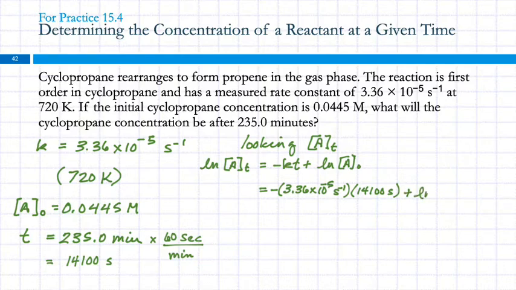Plus the natural log of the initial concentration, 0.0445. And I've got just numbers on the right side of the equal sign, so I can calculate what that is.